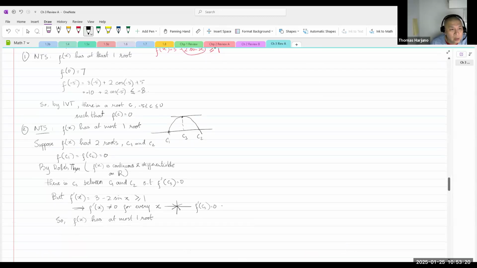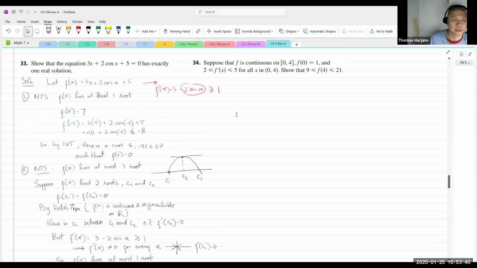Now then, by 1 and 2, it has at least one root and at most one root, so we can conclude f of x has exactly one root. That's the intention of this question.